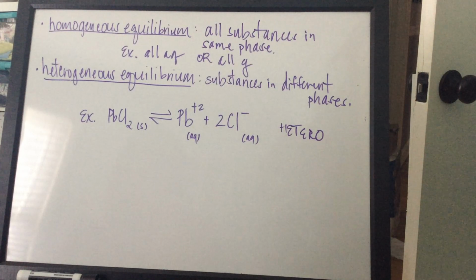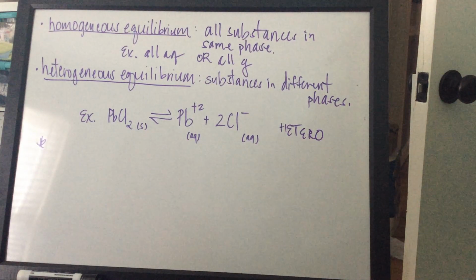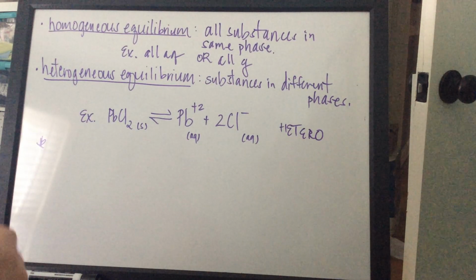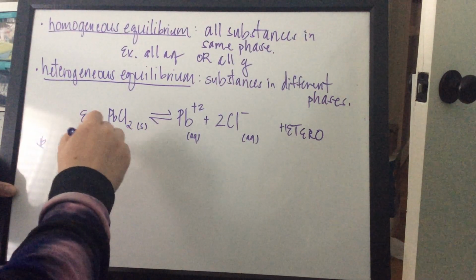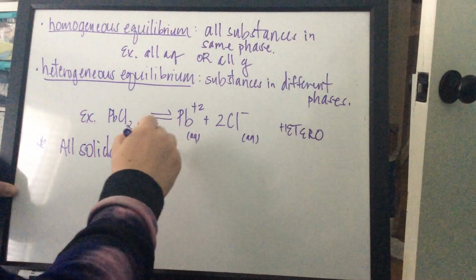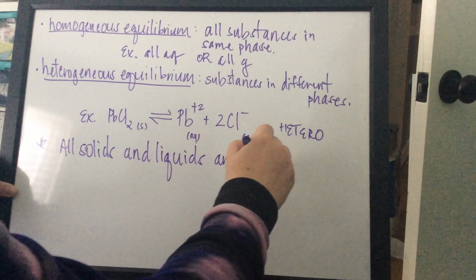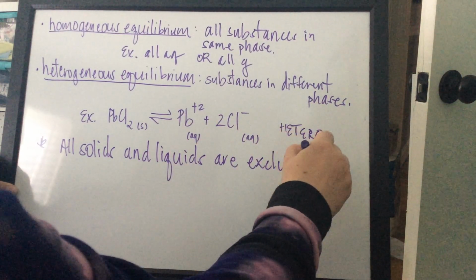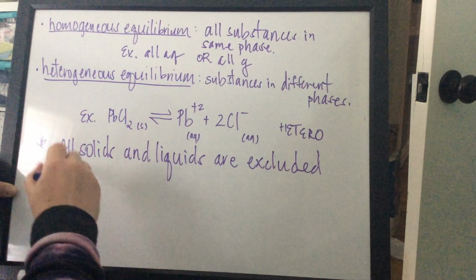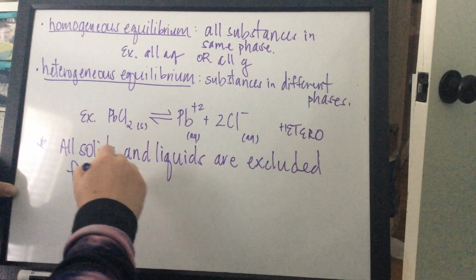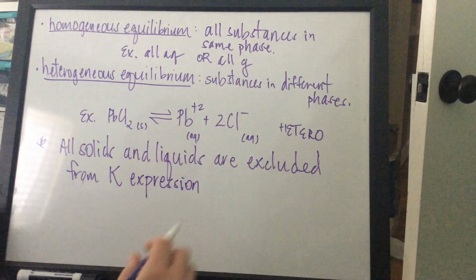Okay, and we have mentioned this before, but it's been a little while. When we go to write a K expression, all solids and liquids are excluded from your equilibrium constant expression.